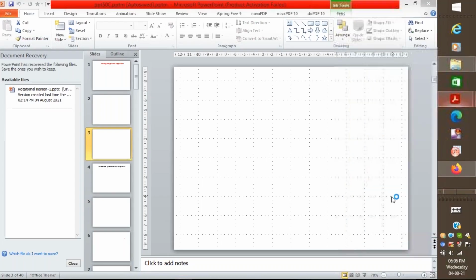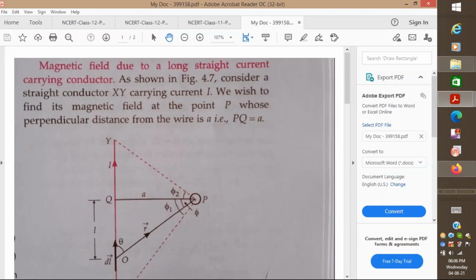Okay, so I have got a PDF from some other reference book, which I'll be showing you here. But before that, I'll just write the normal Biot-Savart law, which we had already learned yesterday on Sunday.